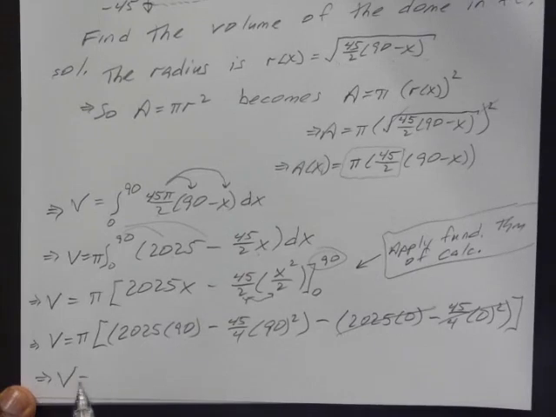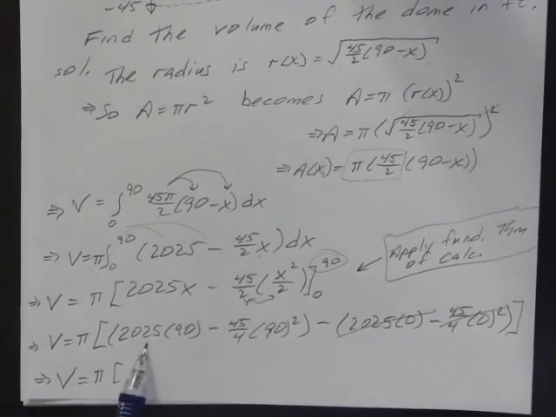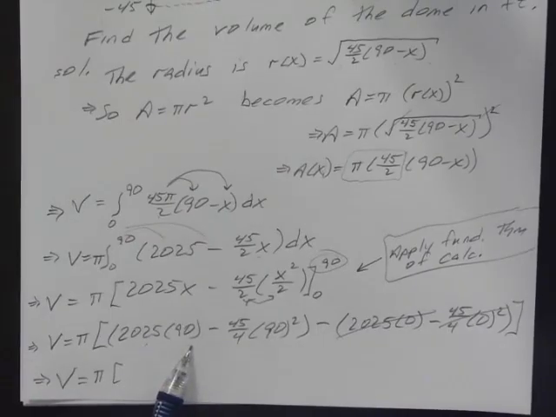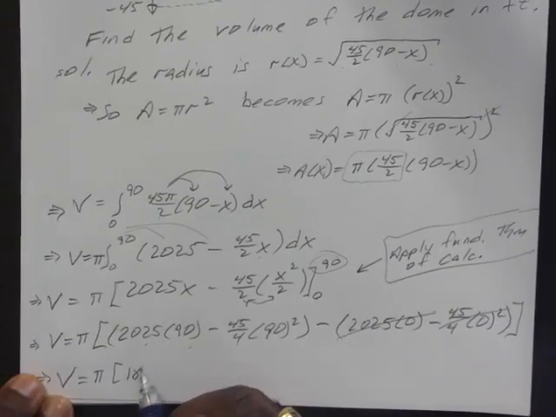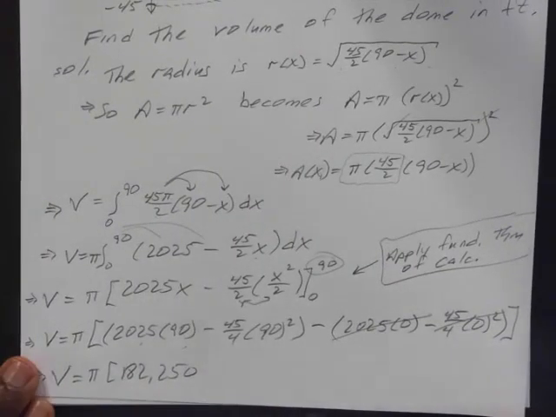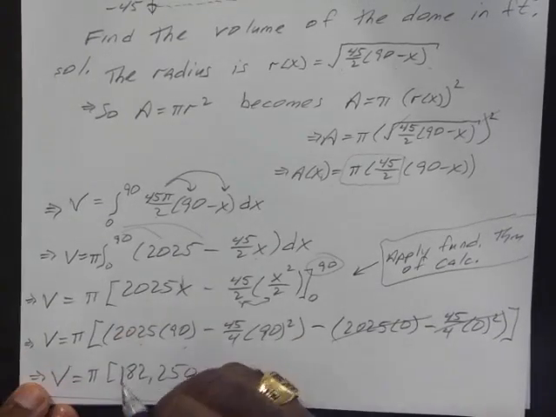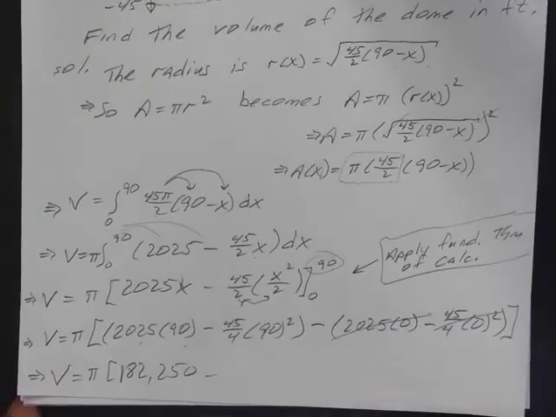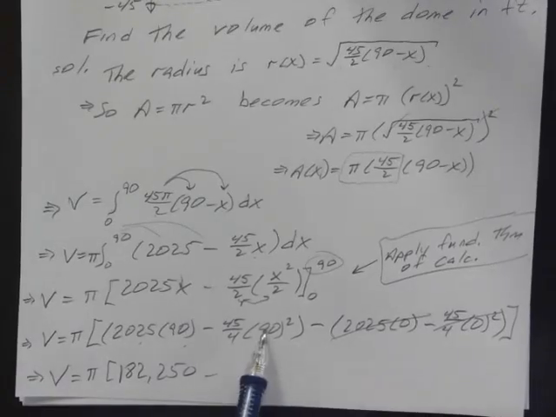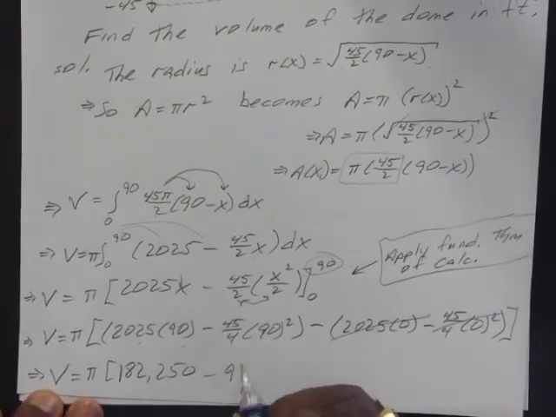So the volume is equal to pi times 2025 times 90, which is 182,250, minus 90 squared times 45 divided by 4, which is 91,125.